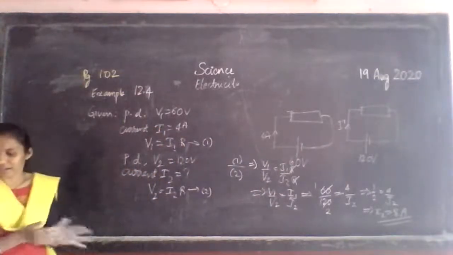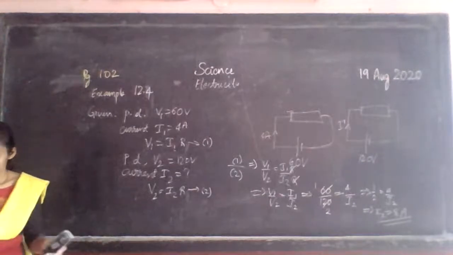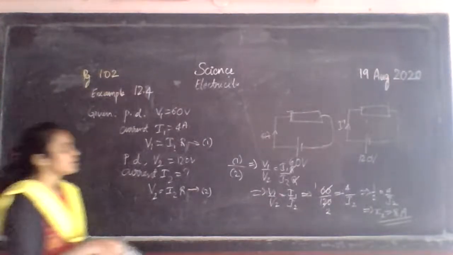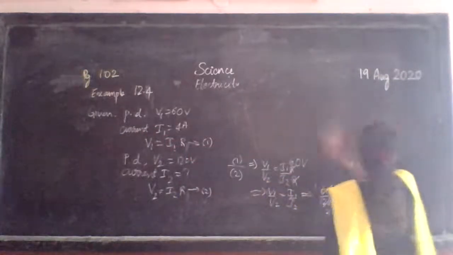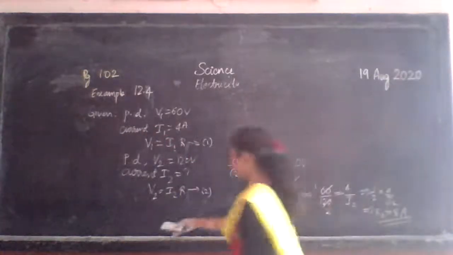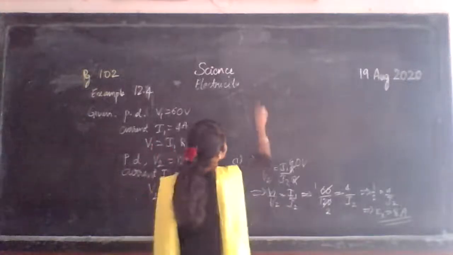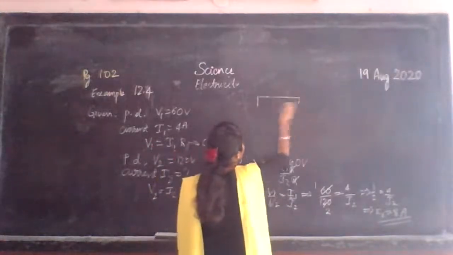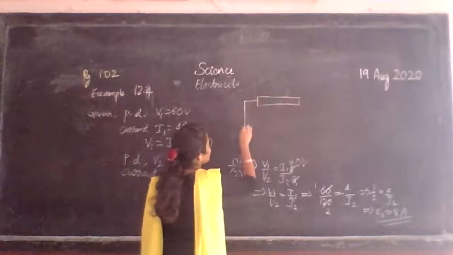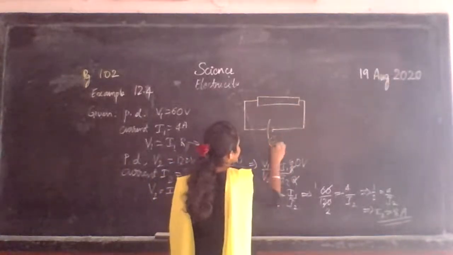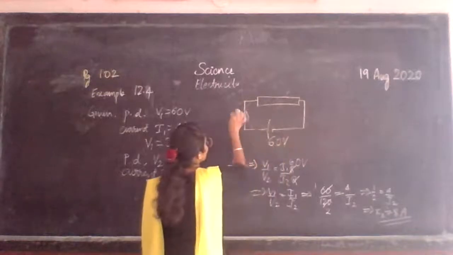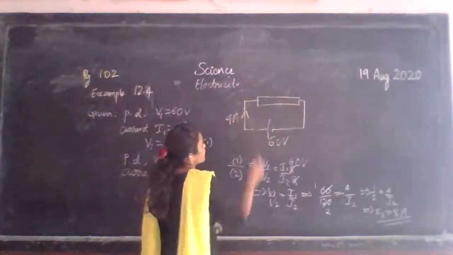I hope you have understood this problem. If you want, I will explain it clearly once again. I will use different colored chalks. See, in the first case, the heater was connected to a 60 volt supply. The current flowing was 4 ampere.